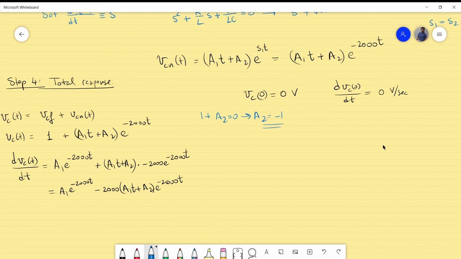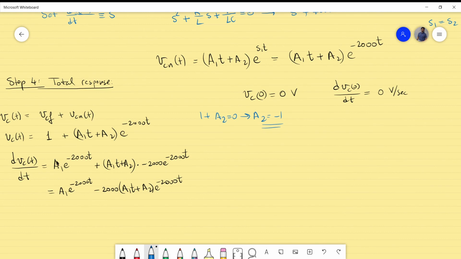For the second part, I will fill in 0 here. This will be A1. So let me write it down. So we have an A1. This will be gone again. So I have again an A2. And this will be 1. So I have minus 2000 A2. That will be 0.